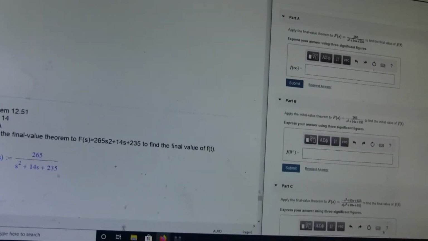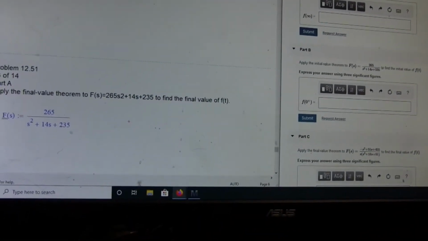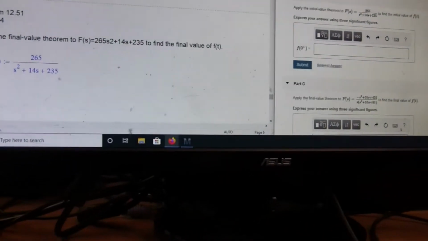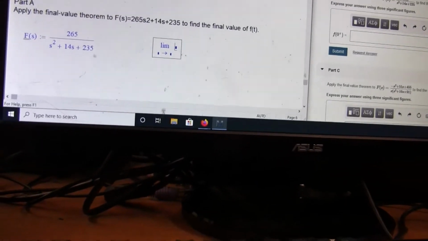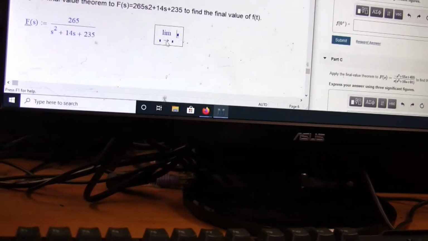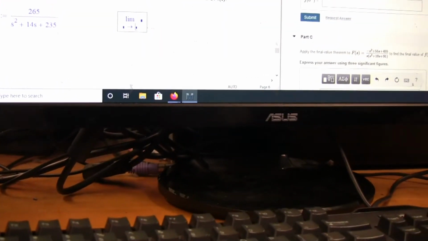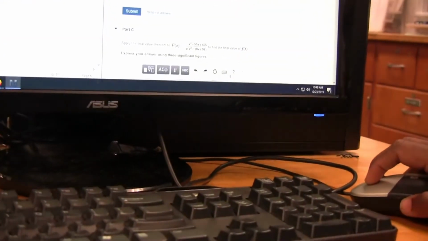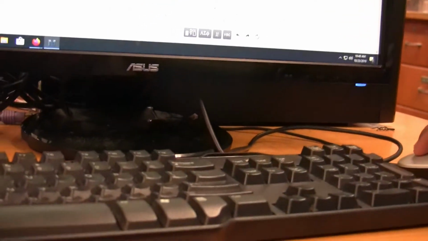In MathCAD, we do limits with those symbolic items. So pick the limit you want. And then you're going to make s go to the opposite thing that you're looking for. So for the final value, that would mean s is approaching 0.